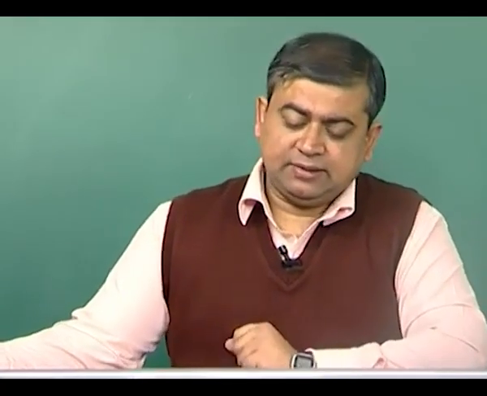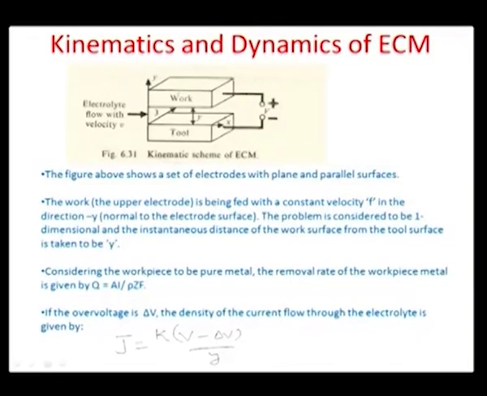As I already mentioned, the workpiece in an ECM process is always made the anode, meaning it is connected to the positive potential, and the tool is made the cathode, connected to the negative potential. In this system, we are considering a tool as an electrode and the workpiece, with a relative motion between the tool and the workpiece in the y direction.